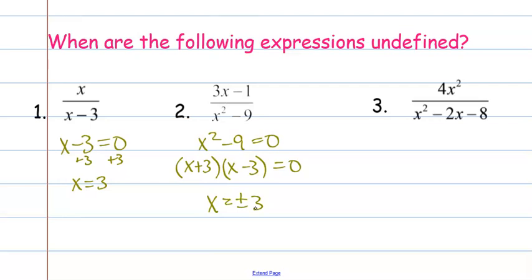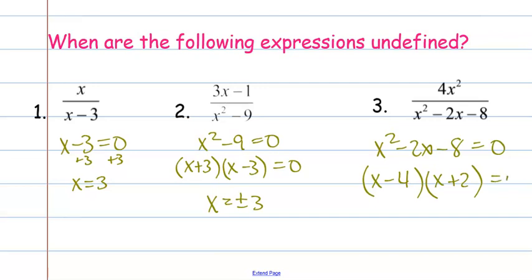And then this next one is a trinomial, and you solve it by factoring as well. So two numbers that multiply to 8, minus 4 and minus 2 is going to work. And we end up with the opposite signs, so x equals 4 and x equals 2. So in these last two cases, two different numbers make it undefined.